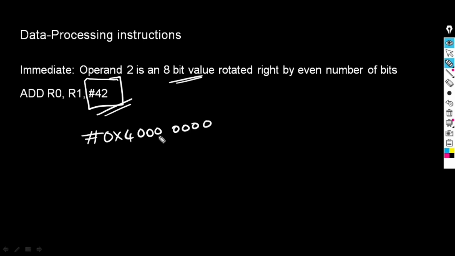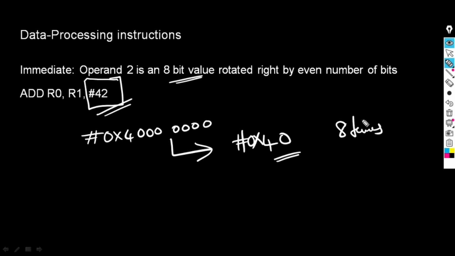But upon one condition: that this can be converted into an 8-bit value such that when it is rotated an even number of times, in this particular case if you rotate 8 times, you will obtain the larger 32-bit value.